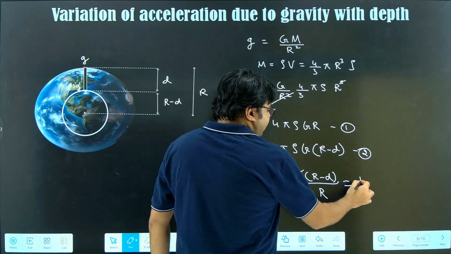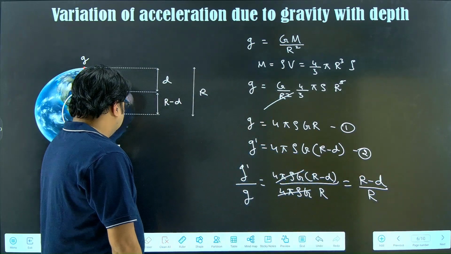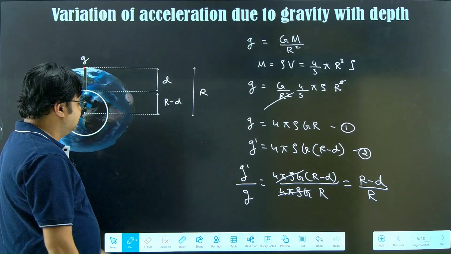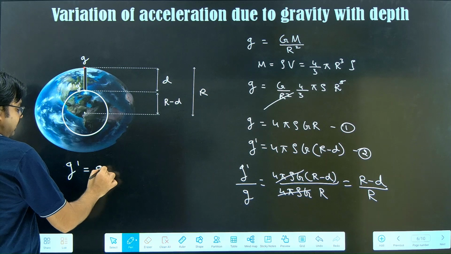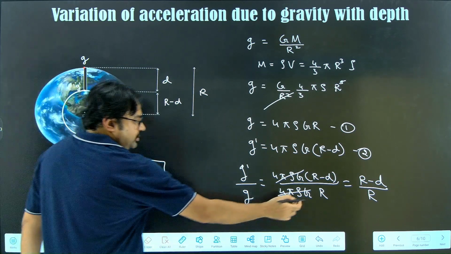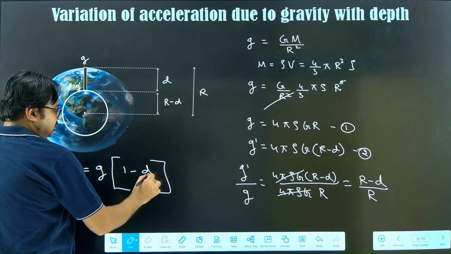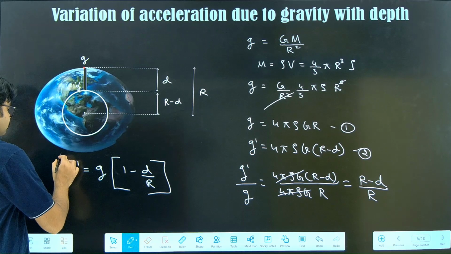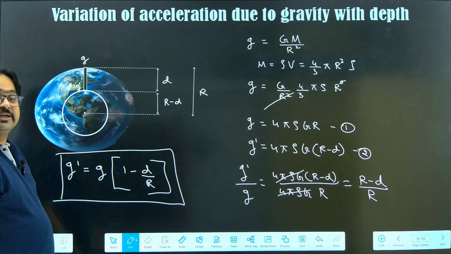All you will have is R minus d divided by R. So g dash equals g multiplied by, you can split the denominator, R by R minus d by R. You have 1 minus d divided by R.